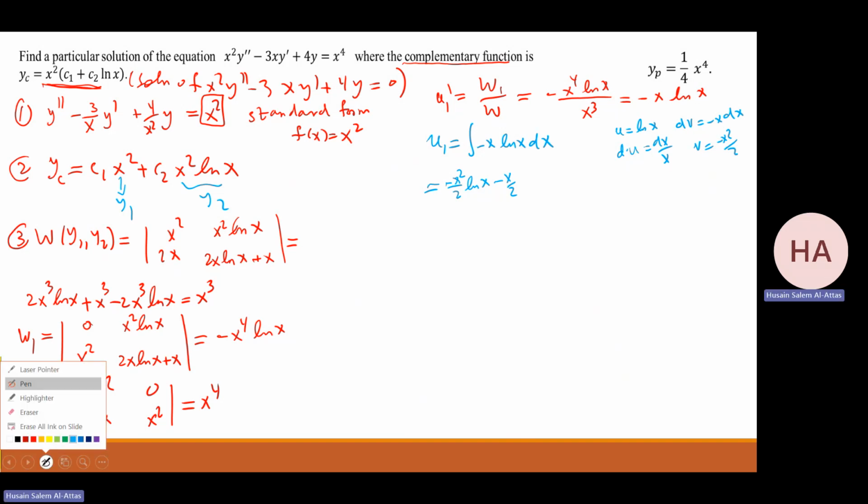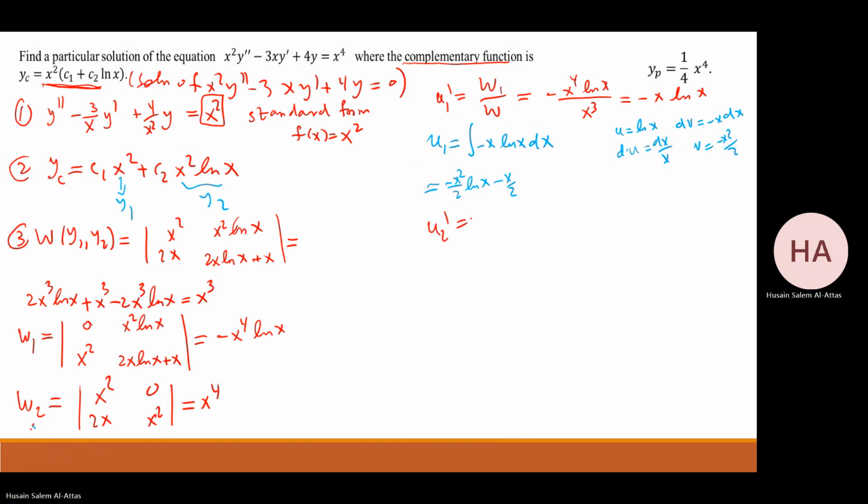Now we'll move to u2 prime. That will be W2 over W. What is W2? X to the power 4, over x squared. That gives me x squared. So u2 will be x cubed over 3. Easy ones. Okay.